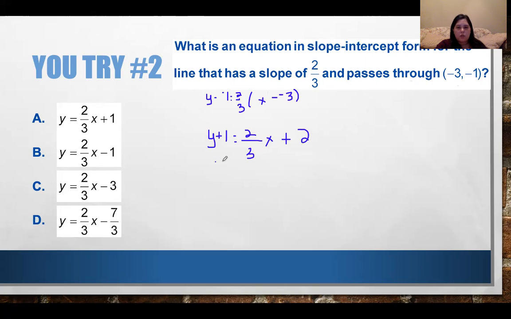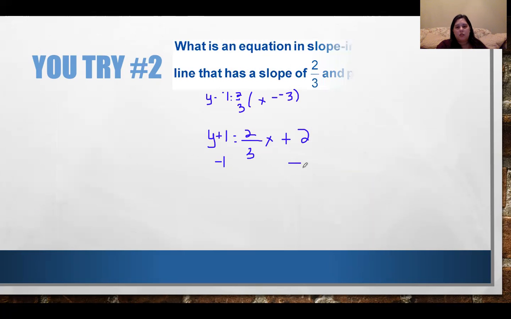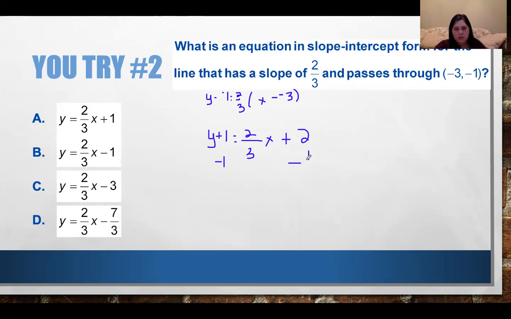So now we're going to subtract 1 from both sides. And we get y equals 2/3 x plus 1. So our answer choice we're going to pick is A, 2/3 x plus 1. So there we go.